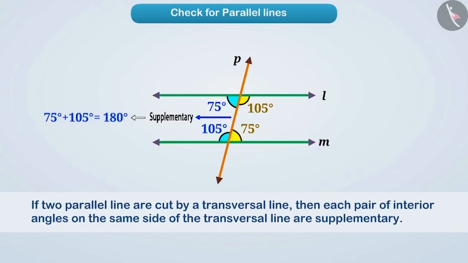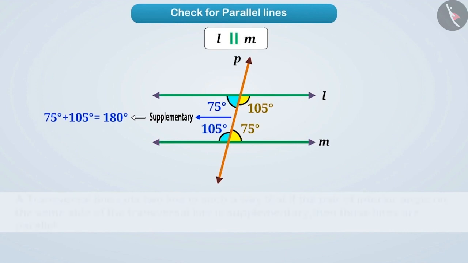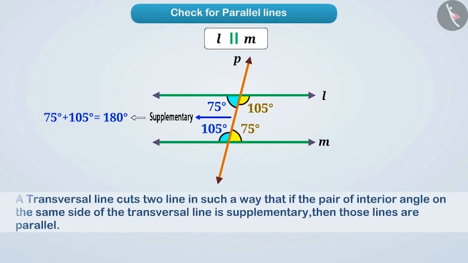So we can say that the line L and the line M are parallel lines. With this, we can say that if a transversal cuts two lines in such a way that the pair of interior angles on the same side of the transversal is supplementary, then we say that the lines are parallel.